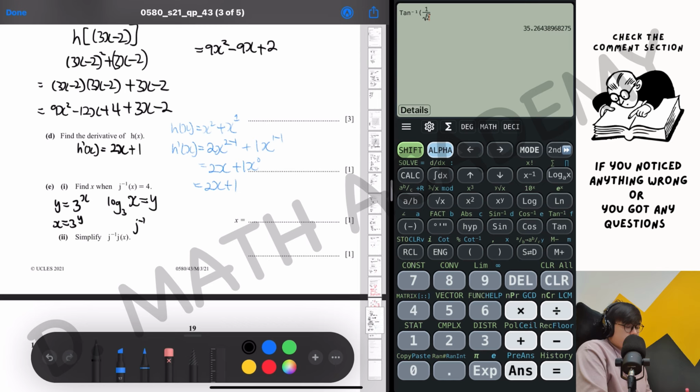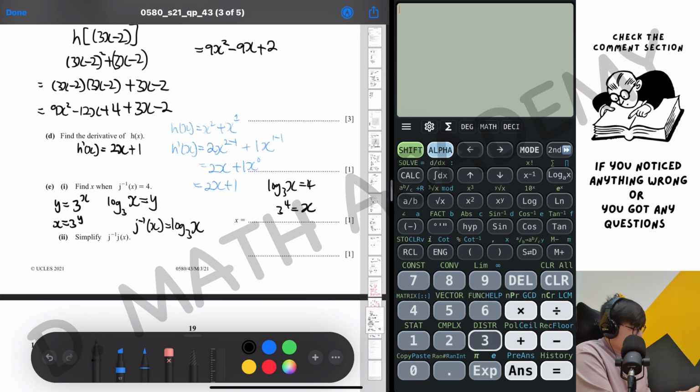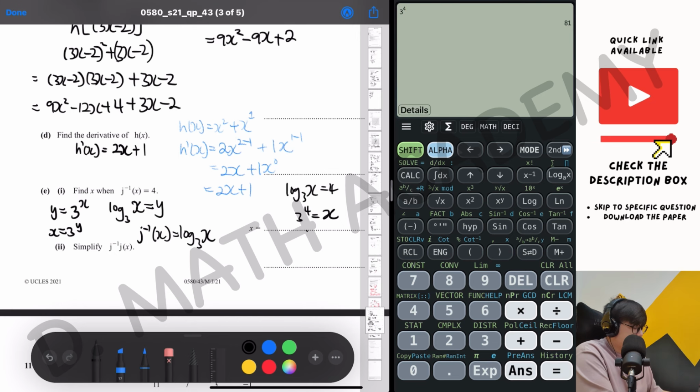So your j inverse is actually log base 3 of x. So when log base 3 of x equals 4, 3 to the power of 4 equals x. That's how you trace your final answer as 81.